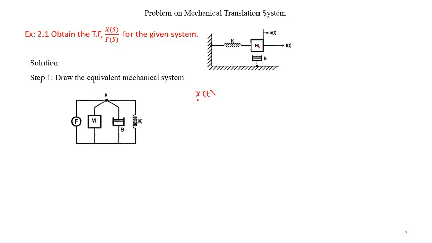So connect the node x and a reference. Here at the bottom we are having the reference. We need to connect mass m in between x, that is node, and reference.